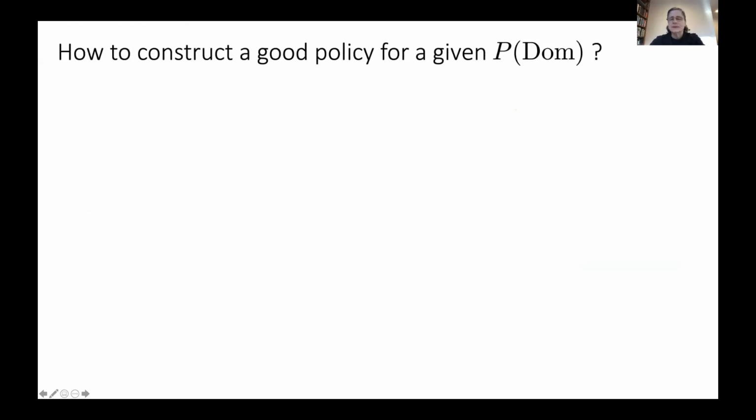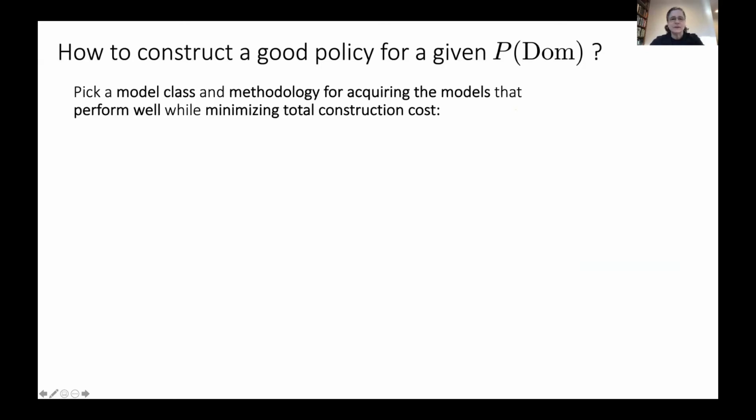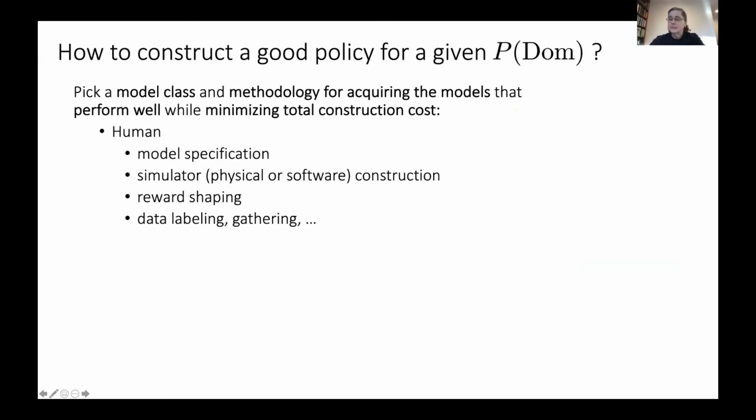So we can think about the general engineering strategy. How do we make a good policy for a given distribution? So our problem is that we have to pick a model class, and a way of finding a good strategy inside that model class. And we want to minimize the construction cost in the sense that we would like to make life easy for the human who has to specify the model and come up with a simulator and maybe do learning.